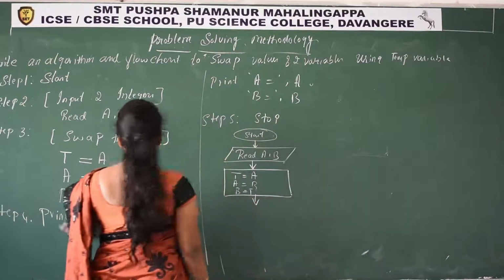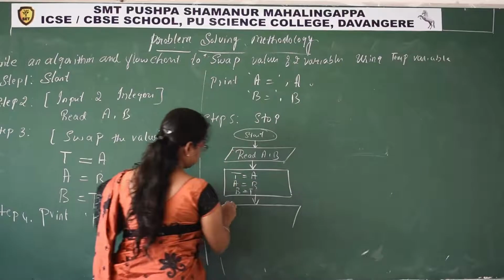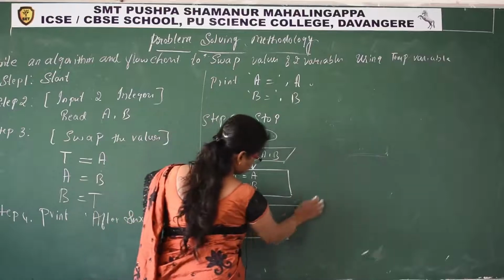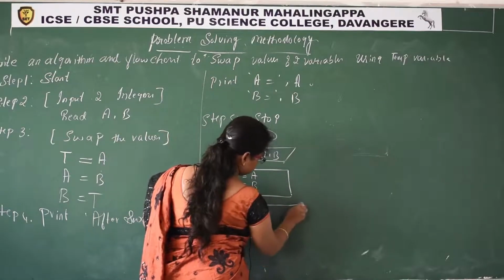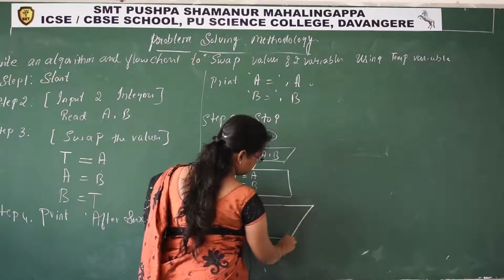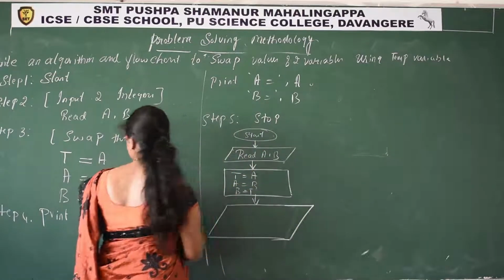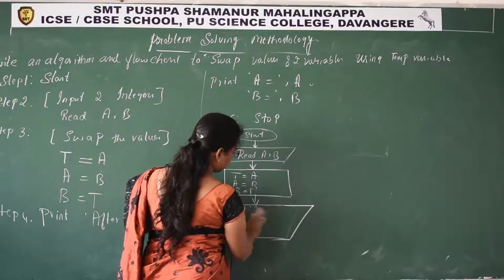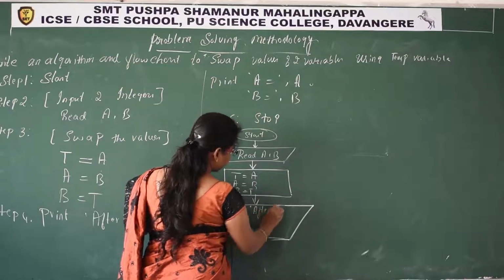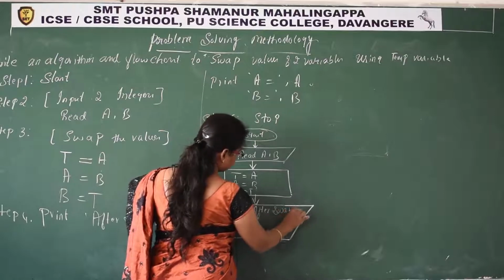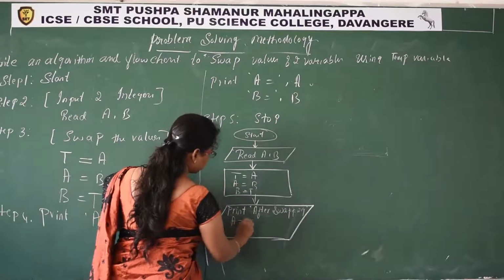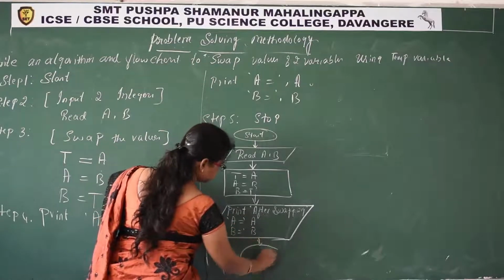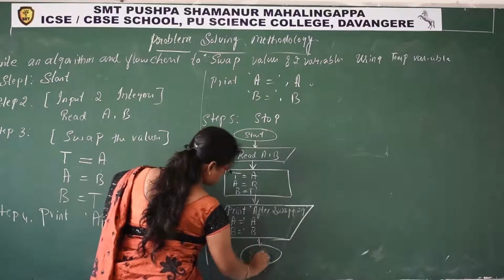Next, output. Print after swapping, A is equal to A, B is equal to B. Stop.